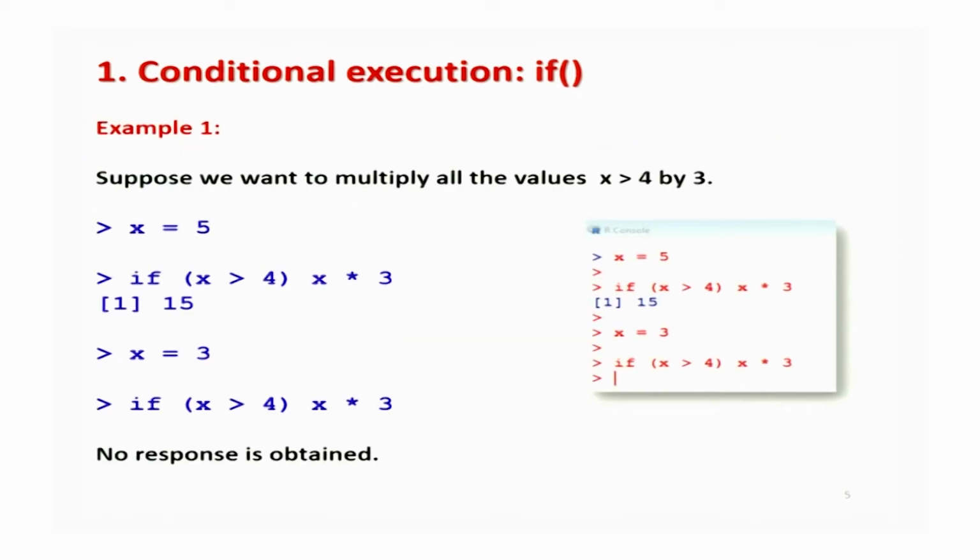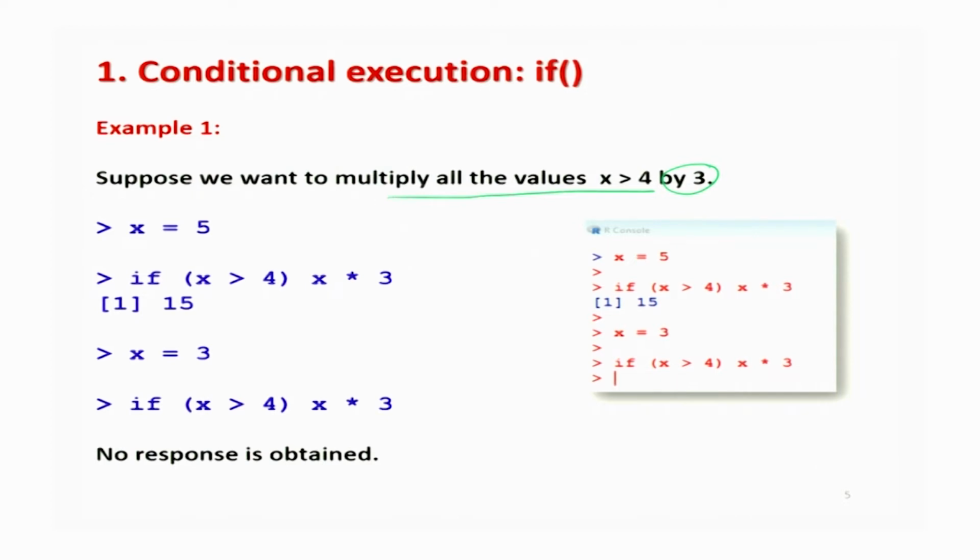Now let me take an example and show you how it works. Suppose we want to multiply all the values in some program which are greater than 4, and we want to multiply such values by 3. Somebody will enter some value, and the condition whether the value is greater than 4 or smaller than 4 is going to be checked.